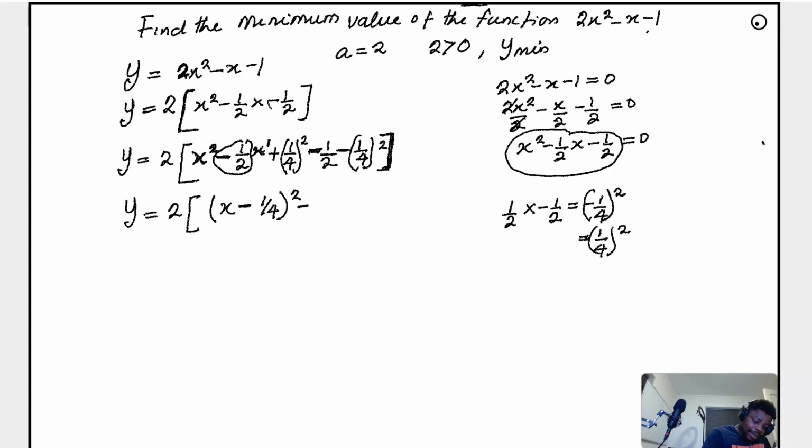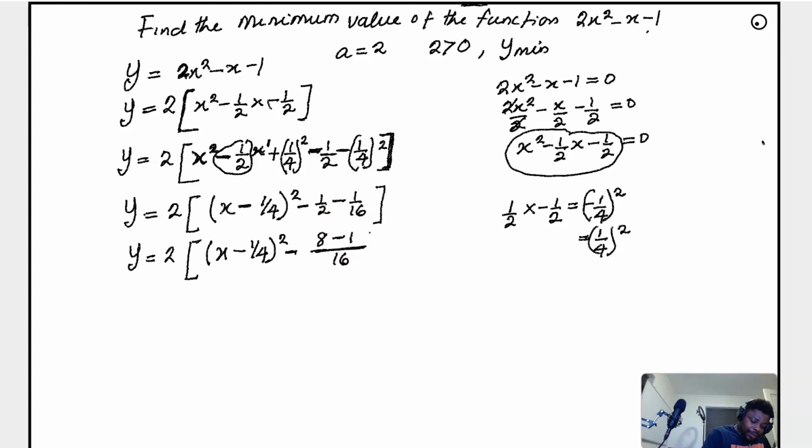Then you have minus 1 over 2 minus 1 over 4 squared, that is 1 over 16. Okay? So 2 square bracket x minus 1 over 4 squared, so minus here. 16 is the LCM. 2 in 16, 8.